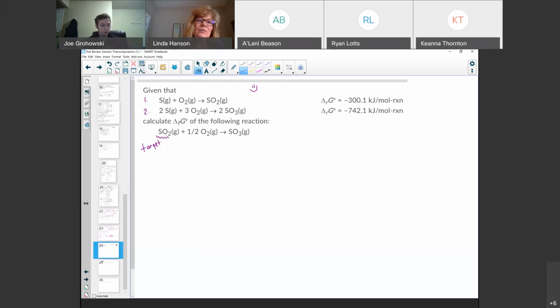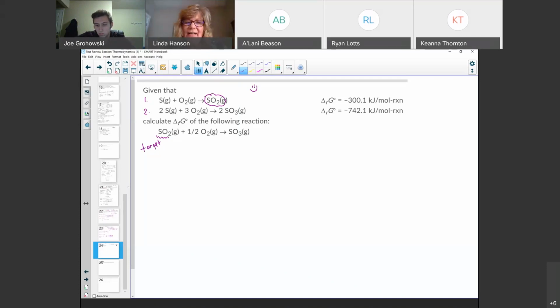So where do we see sulfur dioxide? Well, I see it here, and the nice thing is it's the only place I see it. So what information does that tell us about the first reaction?